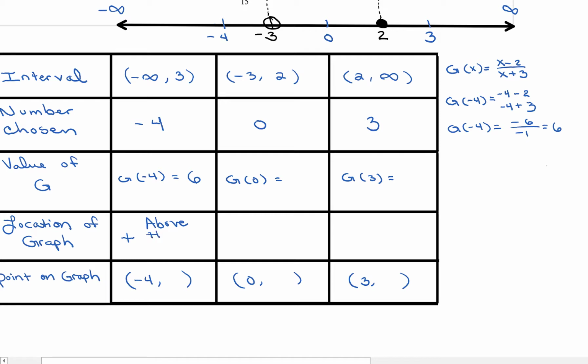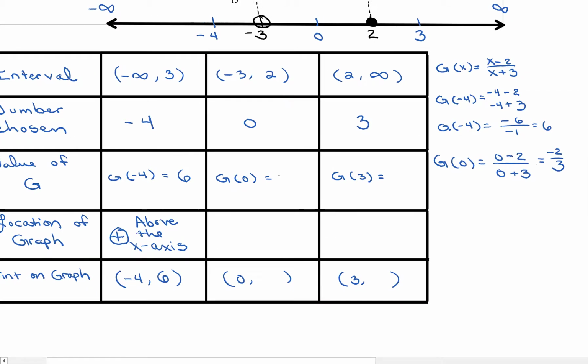This means that since it's a +6, this point is going to be above the x-axis. G of 0, when I substitute 0, I'm going to get 0 minus 2 over 0 plus 3, which is -2/3. Because g of 0 is equal to -2/3, it's a negative value. I know it's going to lie below the x-axis.